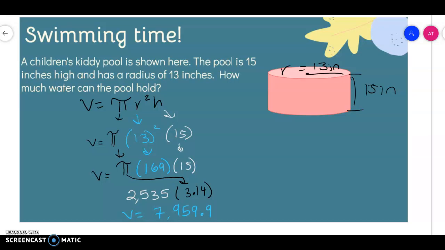If I wanted to round to the nearest tenth, which is this 9, remember if there's no numbers after it, it's 0, so you're actually going to leave it alone. You're going to leave it as 7,959.9 inches cubed. And that is all of your word problems. Remember, word problems can sometimes be tricky, but definitely highlight and underline everything you know.